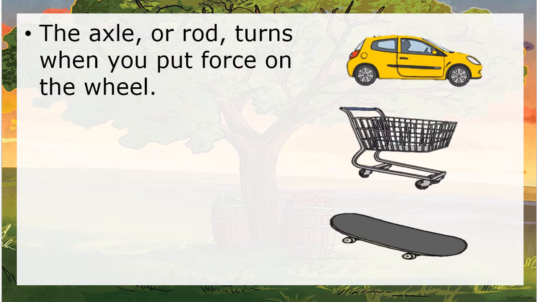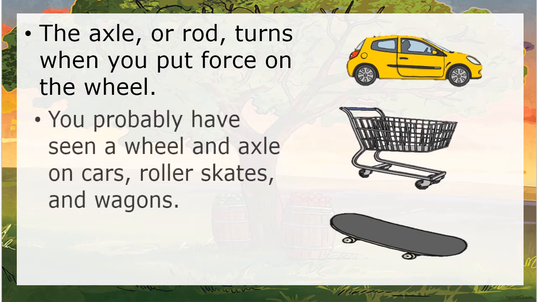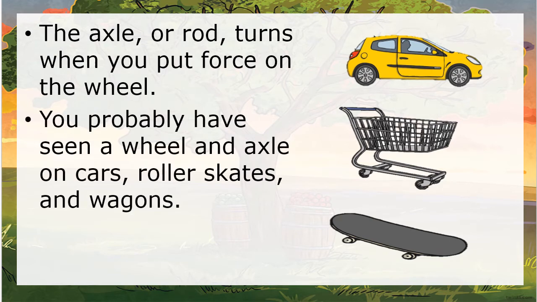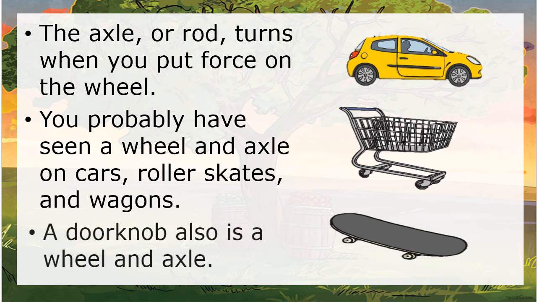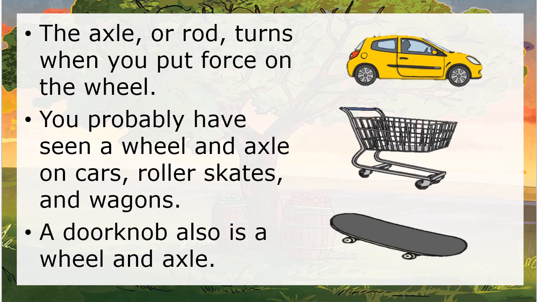The axle or rod turns when you put force on the wheel. You probably have seen a wheel and axle on cars, roller skates, and wagons. A doorknob also is a wheel and axle.